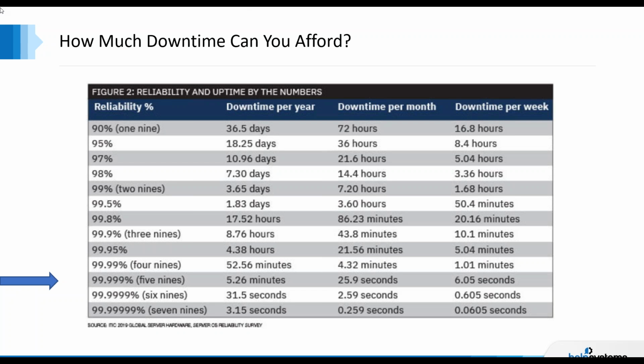So I think we start right at the top there, 90%. We call that 1.9, right the way down to 7 nines. So for a system, application, or even a service to be described as highly available, it needs to hit 5 nines. So that tends to be the standard, which, as you can see, is just over 5 minutes downtime a year, which is not a lot.